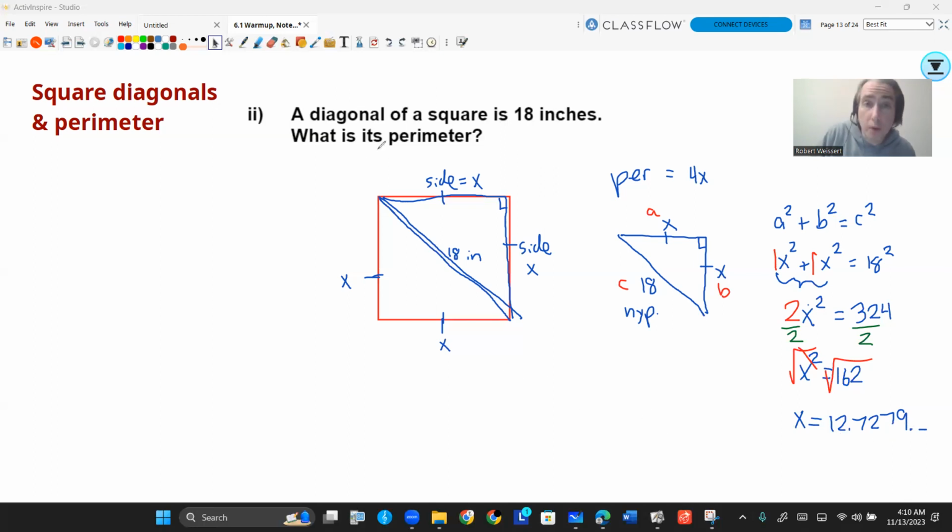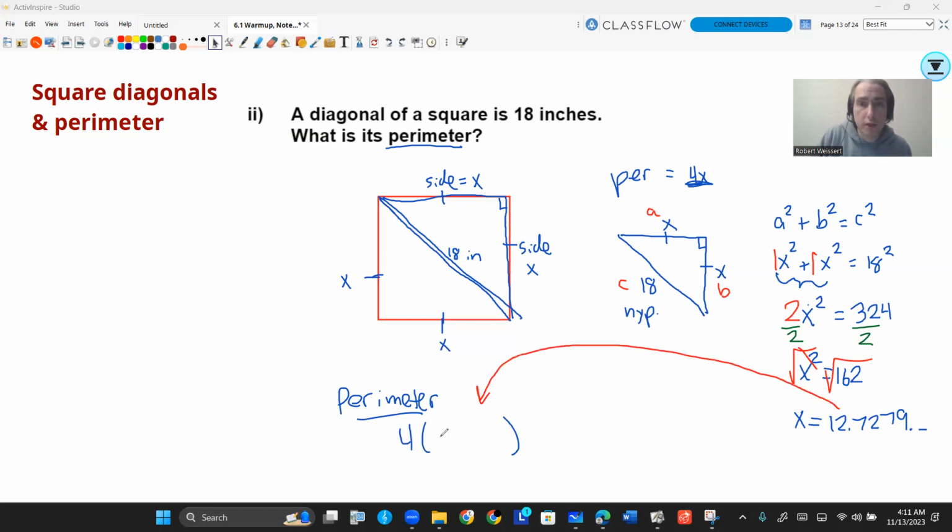Now, the perimeter is going to be 4 times the side. So the perimeter is just going to be 4 times, and I'm going to substitute this number in right there, 12.7279. On my calculator, it's easy.